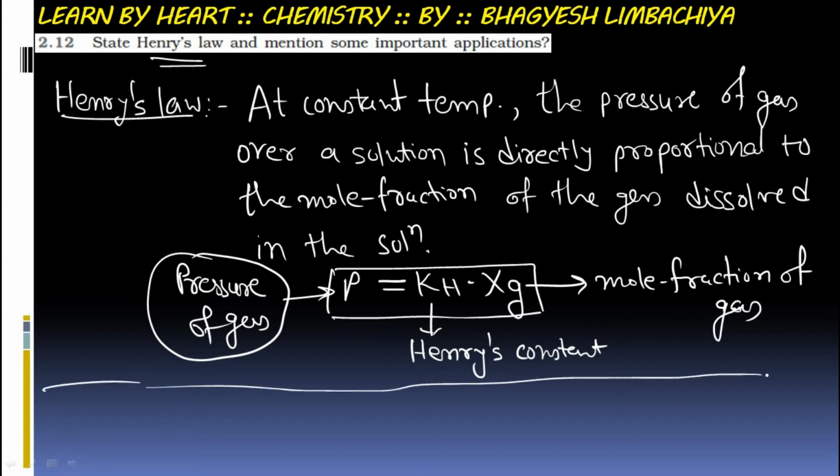Now you are asked the applications of Henry's law. First application is it is used in soft drinks. To make the soft drink bottles more and more rich in CO2, sealing of the bottle is done at high pressure. Second, deep sea divers use a helium and oxygen mixture for respiration in place of nitrogen and oxygen.